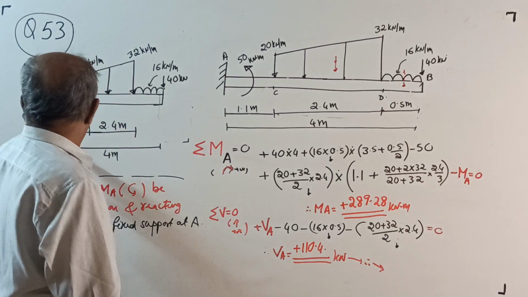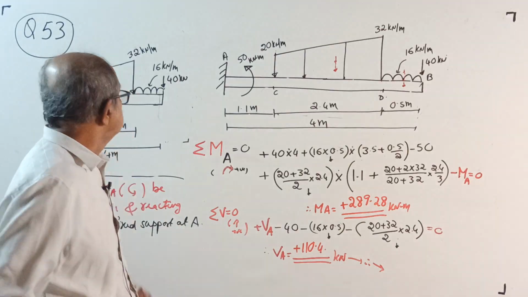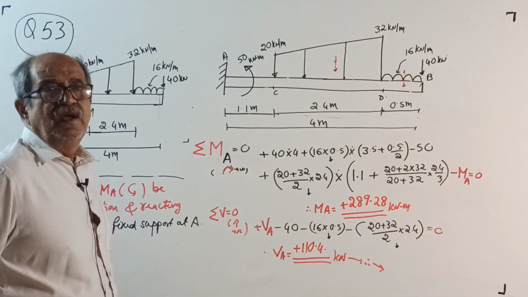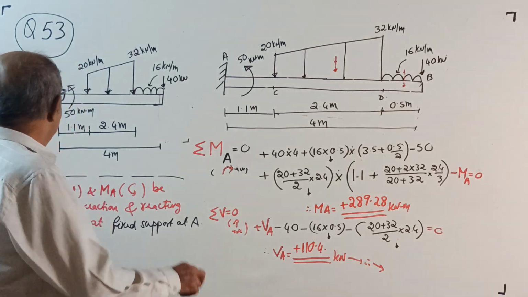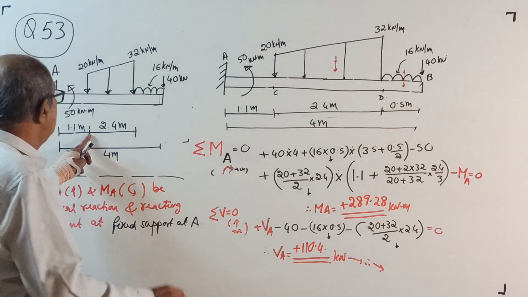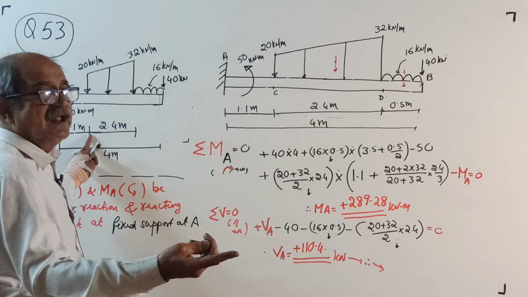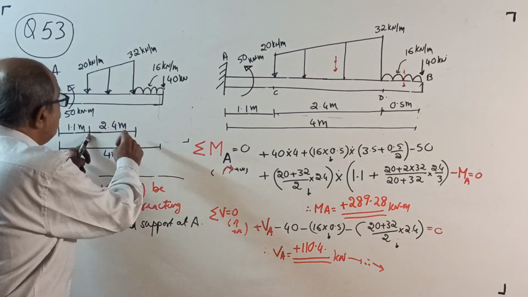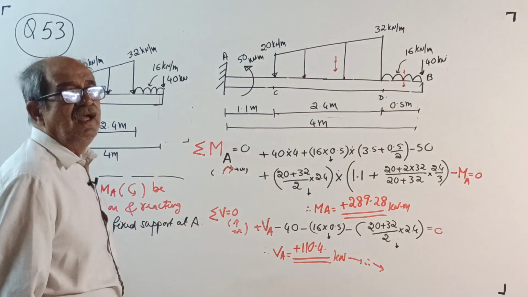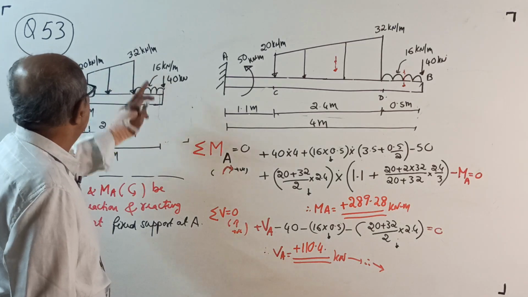Okay, now, a cantilever beam is of length 4 meter with the fixity at the left end. It is loaded by a uniformly varying load, which is starting at 1.1 meter from the left end or fixed end, and loaded for a length of 2.4 meter, further 2.4 meter, with intensity of 20 kN per meter at the starting point, as I mentioned, or at the left end, and 32 kN per meter at the right end.